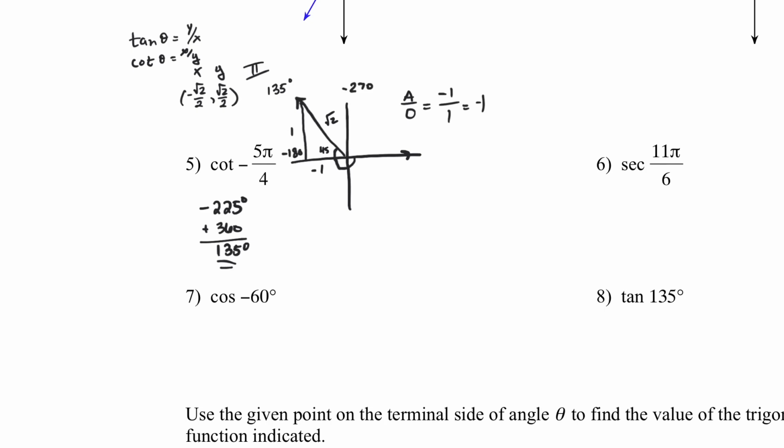So if we do that, we're going to get negative square root of 2 over 2 divided by the square root of 2 over 2. I told you also that the bottom 2's cancel, but if we look at it really close, it's the same thing on the top and bottom, which is going to give us just that negative 1 value that we already knew was going to show up. It's two ways to look at it.